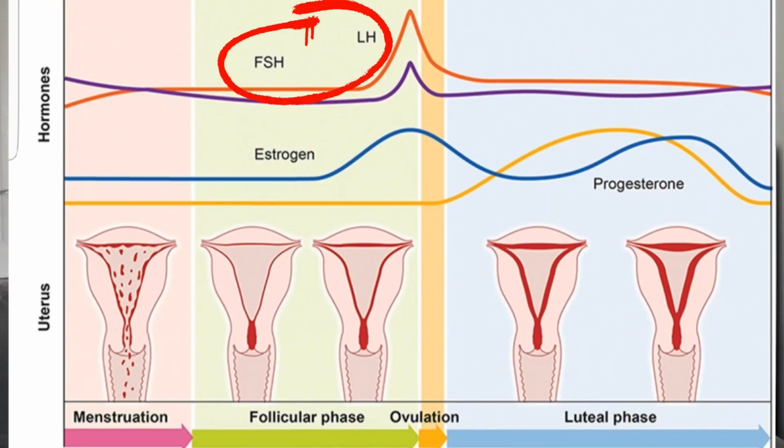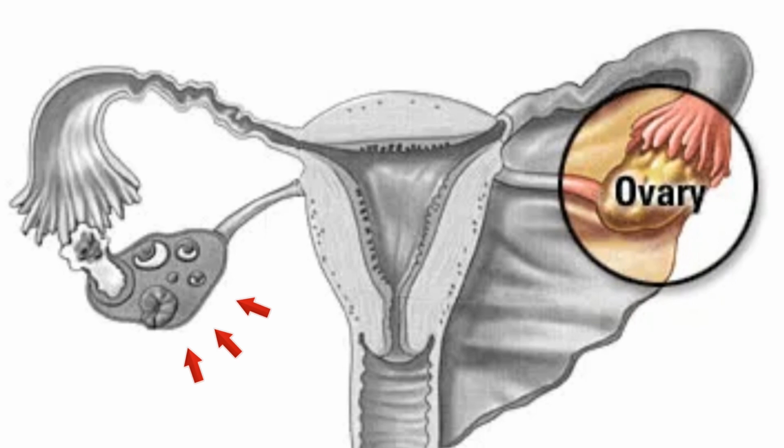So on the first day that you're having a bleed, the brain recognizes that, oh, there hasn't been a pregnancy, so we need to try again. So the brain will release 2 hormones, the FSH and the LH. So what happens is the FSH stimulates the follicles inside your ovaries. So remember before we talked about how in the ovaries are these little follicles, and inside these little follicles are the eggs.